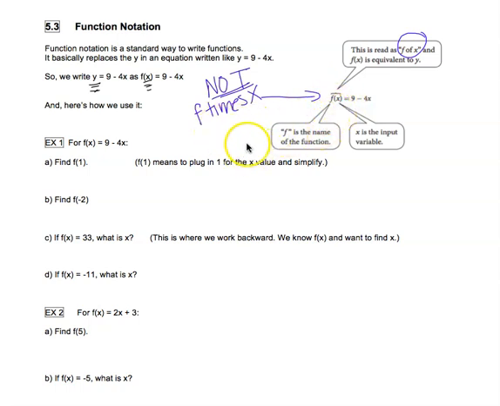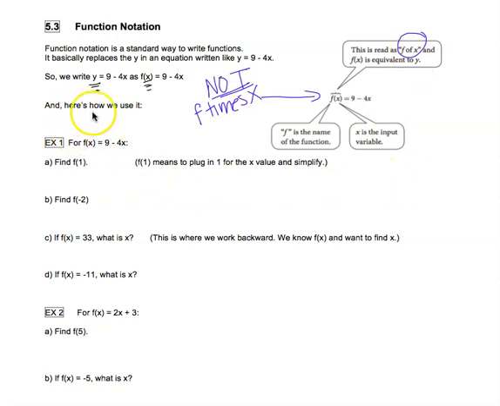It is not multiplication. F is the name of the function, and x tells you what the input variable is. So if you had, say, f of k, that would just mean that k is the input variable instead of x. So we read it f of x, not f times x.